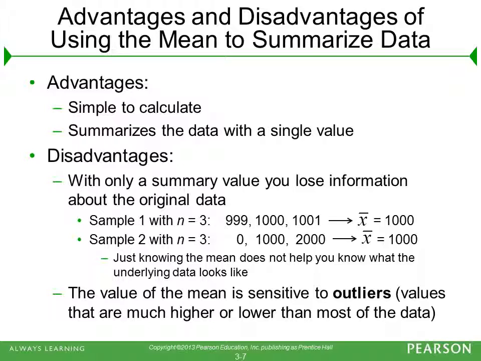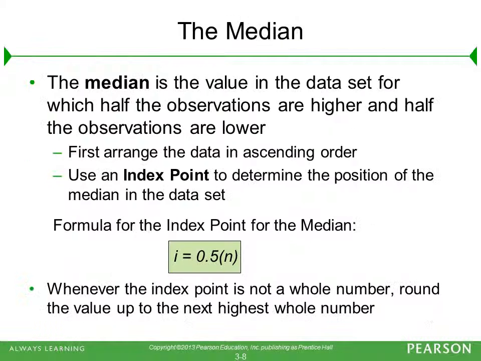The biggest disadvantage of the mean is that it is sensitive to outliers or extreme values. If you have extreme values on the upper side or the lower side, then the mean is skewed. It's not accurate. And it doesn't give you the full representation of the data, it's just one number.